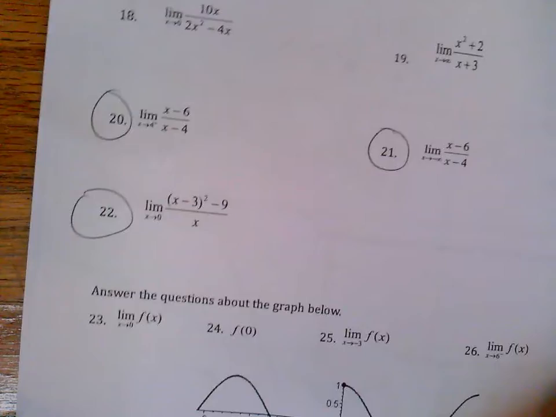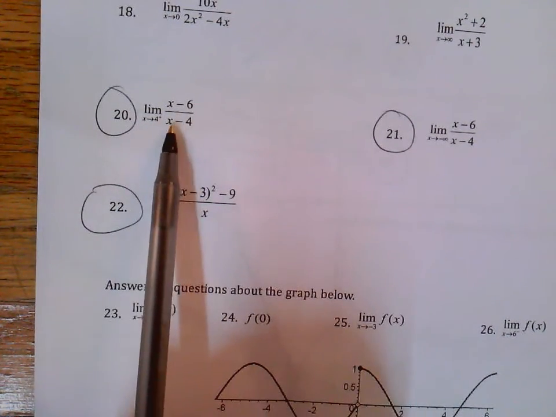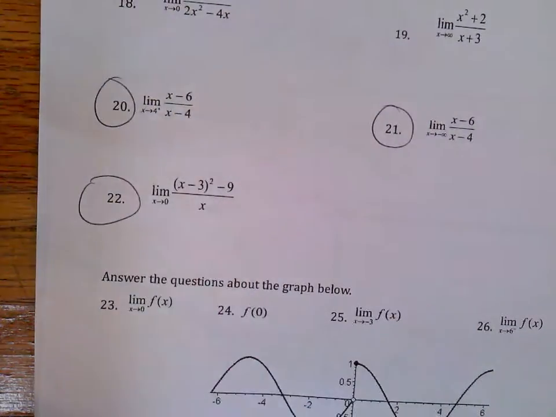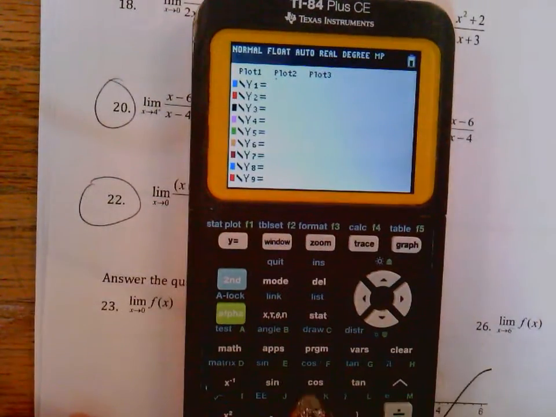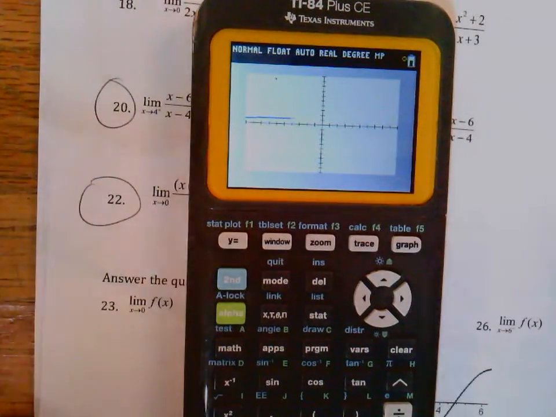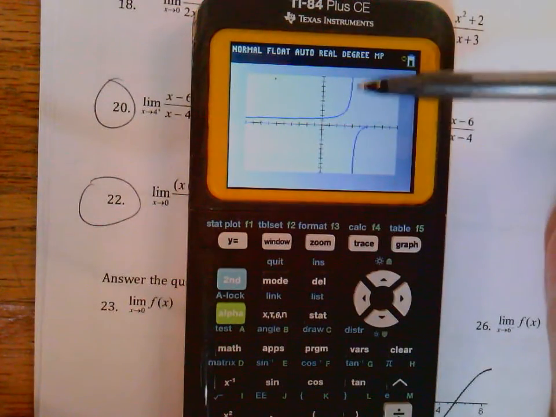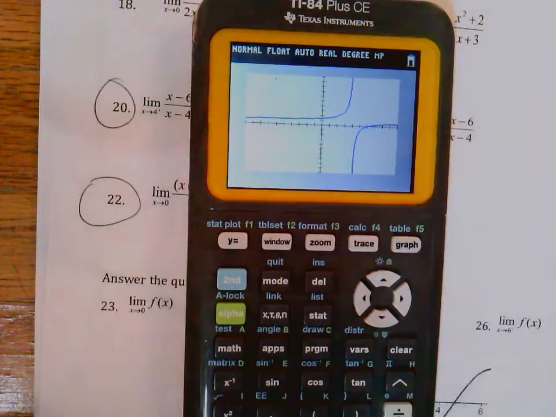All right, so I'm trying to approach 4 from the right-hand side. 4 looks like it's going to be the asymptote, so this is actually similar to one that we've already done. x minus 6 over x minus 4. I'm looking at 4's asymptote, but from the right-hand side. So this time I'm pointing towards negative infinity.